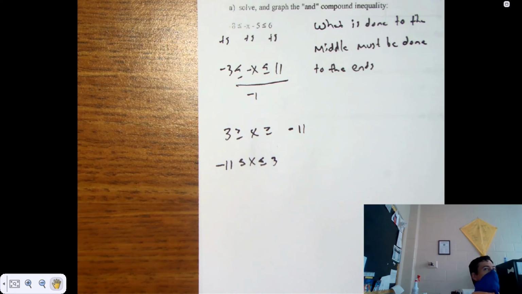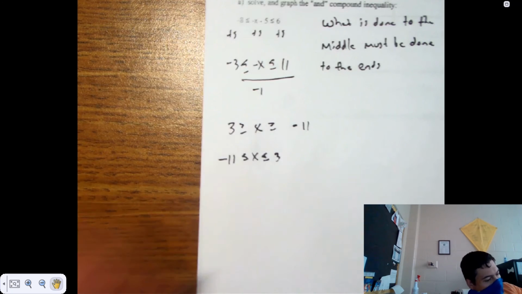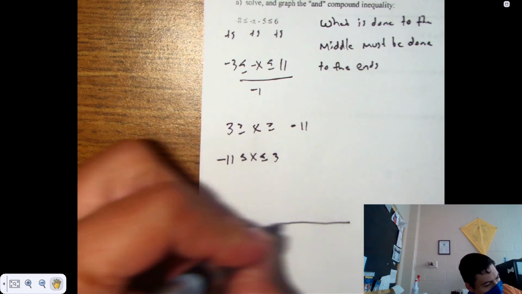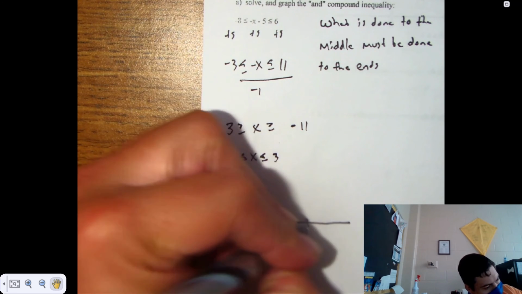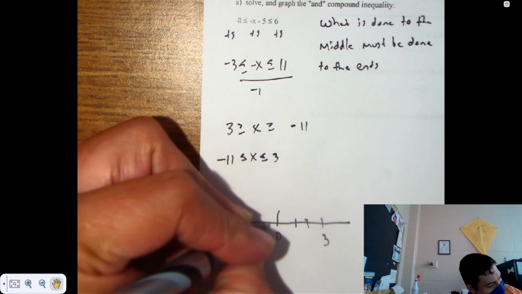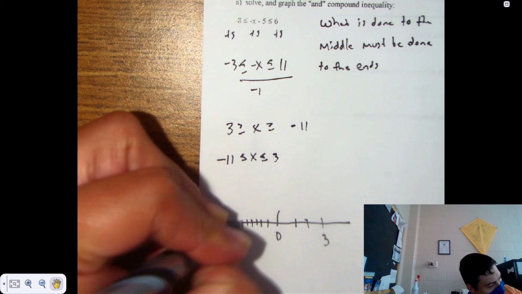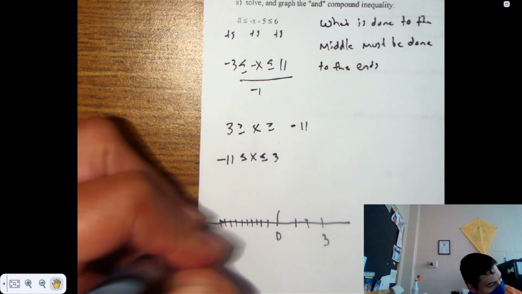We only need two things on here. We need a 3. We need a negative 11. Both of them on this one, are they open or closed? Closed.